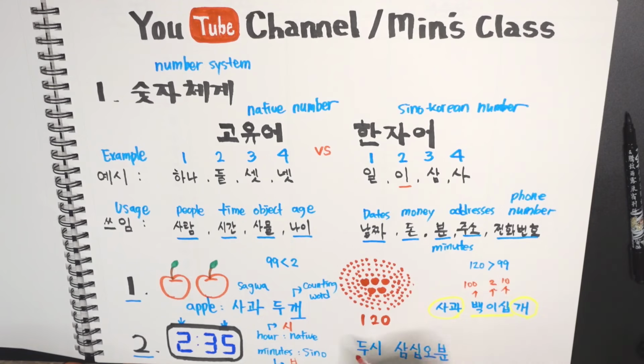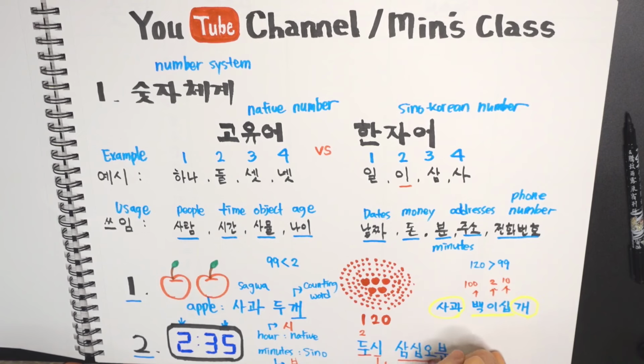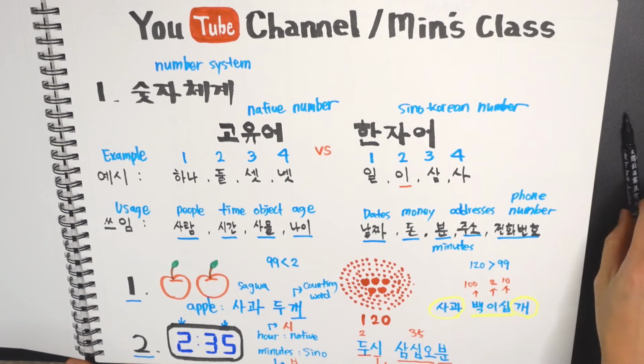Okay? So let's break this down. 2 is again over here, number 2. And 시 is hour. And 분 is minute. And 35 is 35 in Sino number system. So that's how we count time and also objects and also other things. Okay, so let's move on.